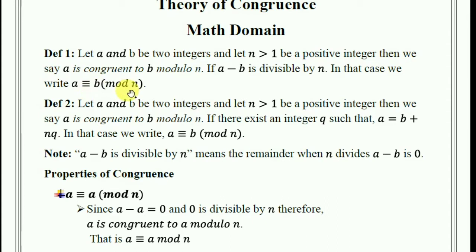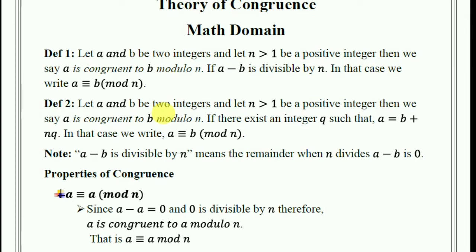a equivalent means here we say that a is congruent to b mod n. Okay, and another definition that we use is, these two definitions are equivalent, though I have not proved it in this video. A and b are two integers and n greater than 1 be a positive integer, then we say a is congruent to b modulo n if there exists an integer q such that a can be expressed as a equal to b plus nq.